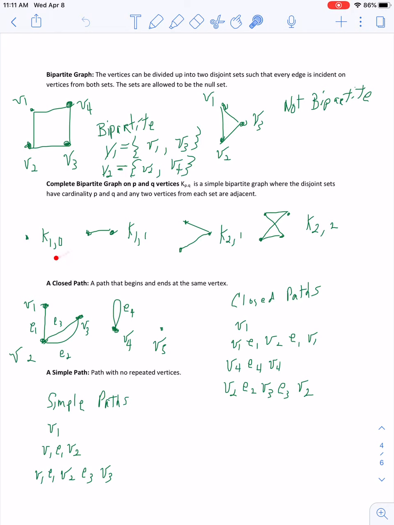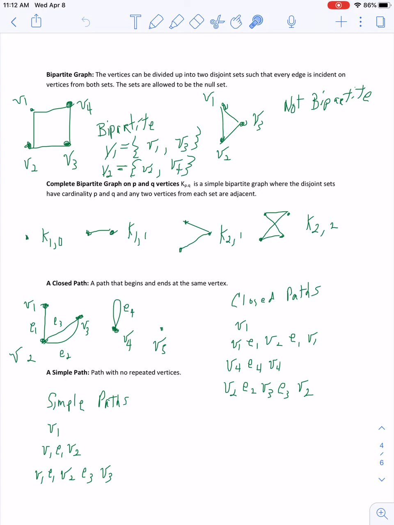Here's the first one, K_{1,0}. So I have one vertex in one set, no vertices in the other set. That fits the definition because since I don't have two vertices, everything's fine. So there it is, K_{1,0}. That's the complete bipartite graph on 1 and 0 vertices. It's only got one vertex.